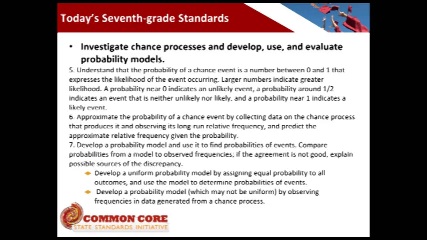Why might there be a discrepancy? So first, theoretically, what should my probability of getting a certain event be? Then how do I compare that to an actual experiment that I'm conducting?